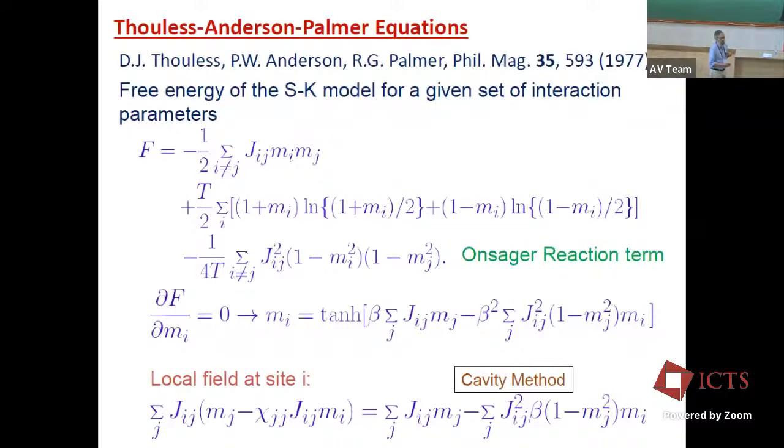That also people have done, and then you get again a set of self-consistency equations. But that free energy is not exact for that problem. When the J_ij are short range, the mean field free energy that one would write down would not be an exact expression for the free energy of that system.